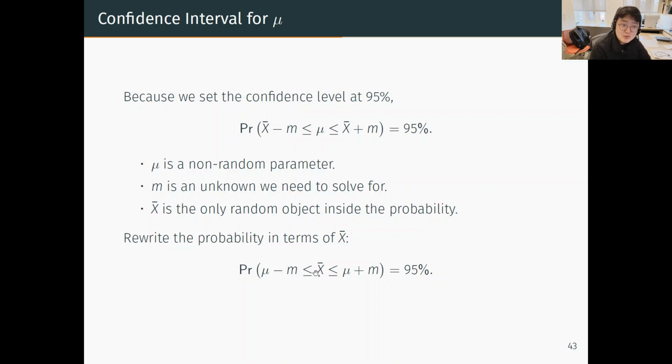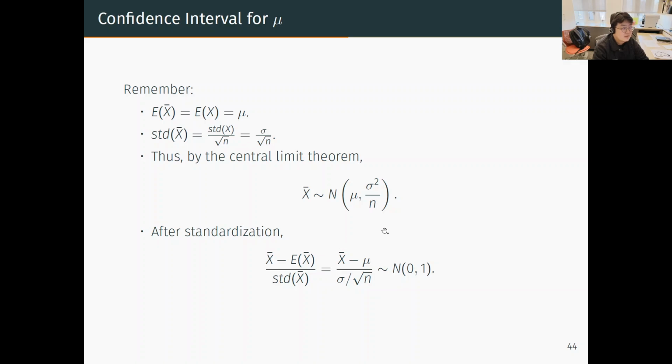Now you know how to do this. So I said X bar is approximately normal and you know the parameters. The X bar mean is the same as the single outcome's expectation and its standard deviation is the single outcome standard deviation divided by square root n. So we are going to standardize X bar like this. This is what I just said.